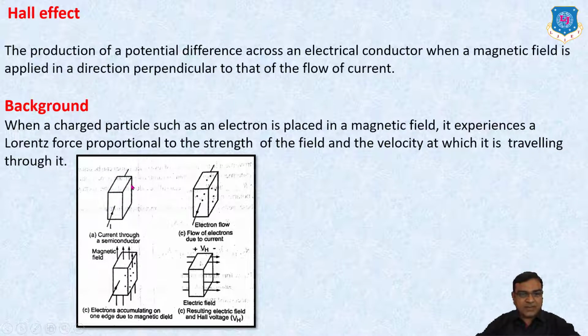So this is a conductor, and when we apply a current, with the left hand rule, this is the flow of current and the perpendicular is the magnetic field. So an electric field results, giving the Hall voltage across these two surfaces, and it is perpendicular to the flow of current and also perpendicular to the magnetic field.